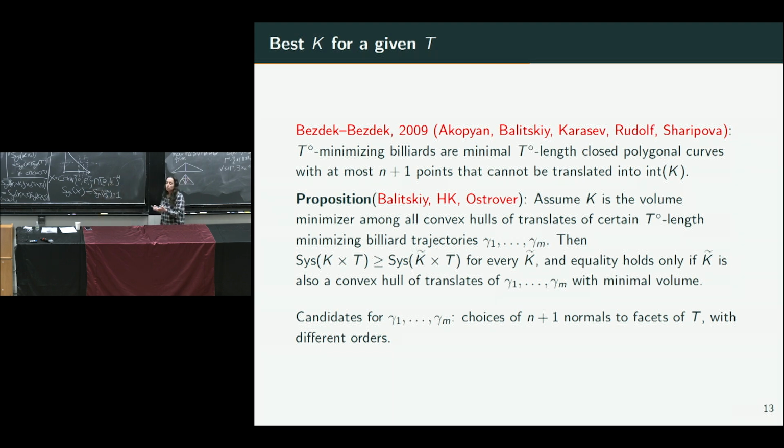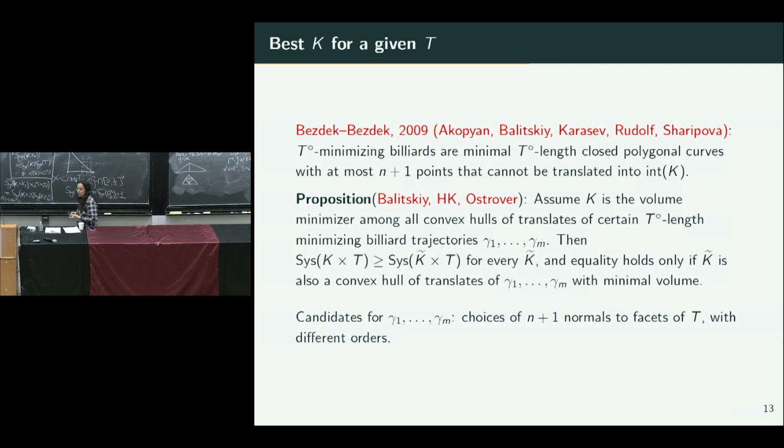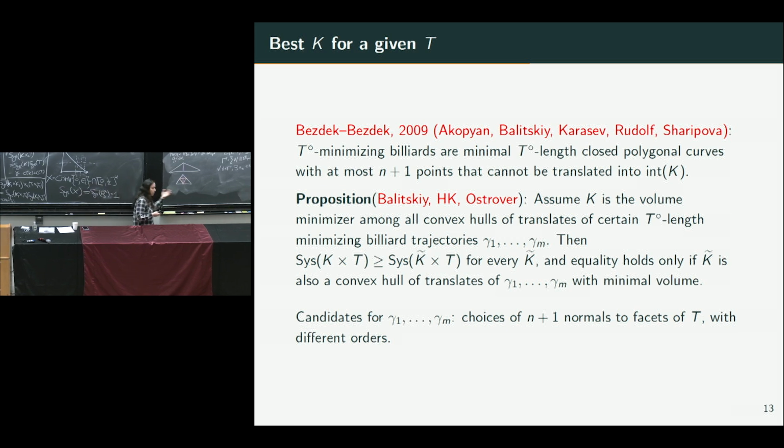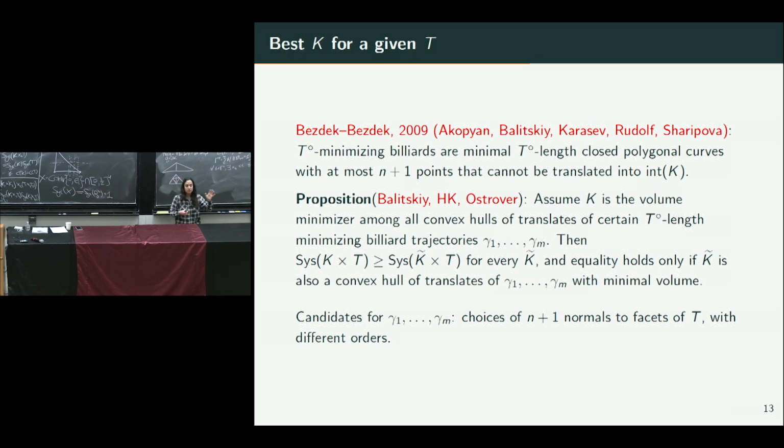And in view of this formula for the capacities of convex polytopes, we have very natural candidates for this, right? We want to say that the gammas we are interested in are the ones which utilize normals to the polytope. So if T is a polytope, I want to look only at billiards which come from velocities utilizing the normals to the facets and not using the normal cones.